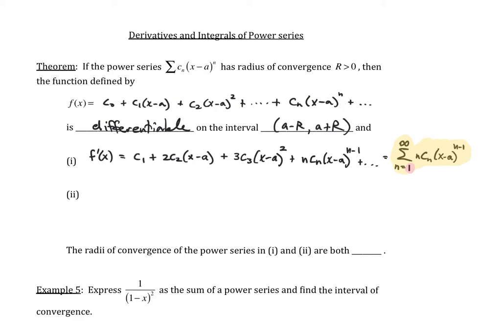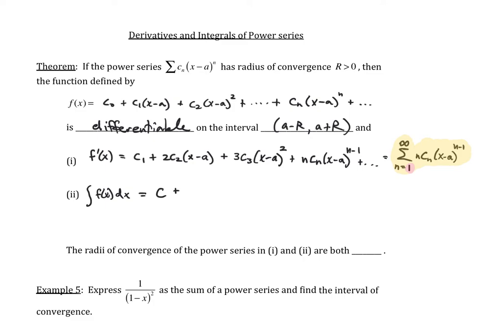So what about integration? Instead of finding the derivative of our function, we can find the antiderivative. So we could take the antiderivative of f of x dx. And when you do that, anytime you find the antiderivative, you're always going to have some constant c, right?